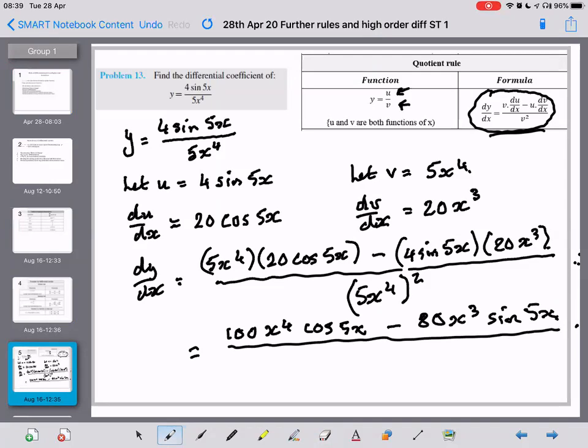All that is over 5 5s is 25, x to the 4 squared is x to the 8. Okay, and that is an answer that I would accept to that problem. Okay, everybody happy with that?